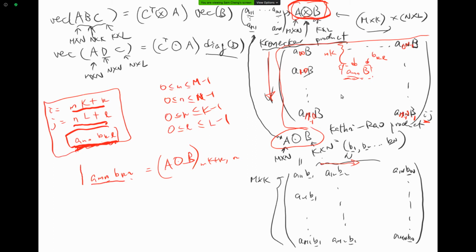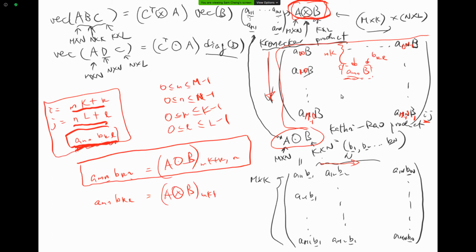Maybe I just write down this final equation that we're going to use in the proof. This is for the Khatri-Rao product, and for the Kronecker product I have something like that, with k plus k and l plus small l.